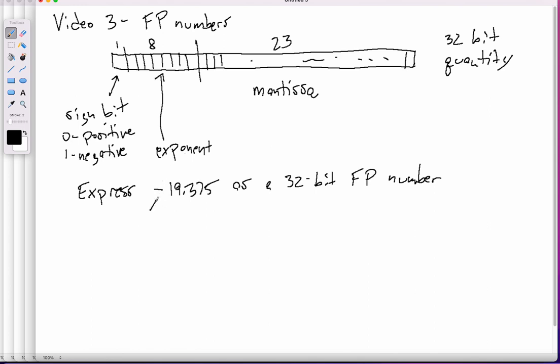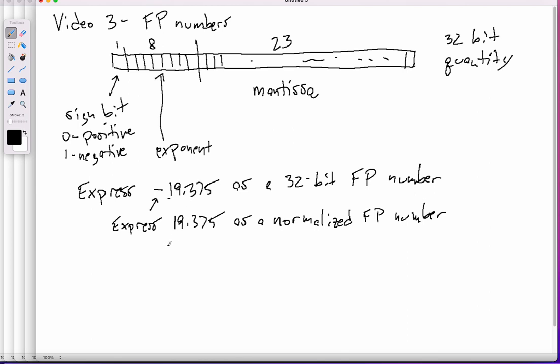I see this minus sign right over here, so that tells me that over here there's going to be a 1. Now what I want to do is express 19.375 as a normalized floating point number.